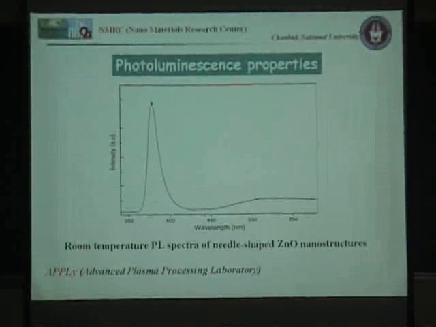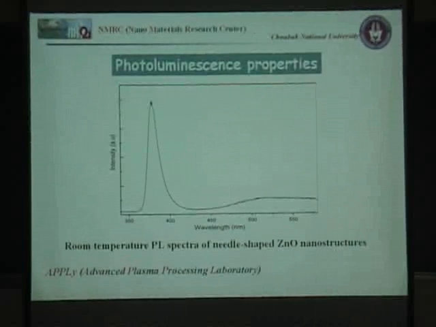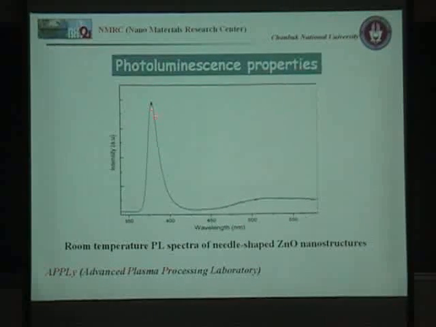From these spectra we can predict that the deep level emission is observed because of structural defects and impurities in the structure. So we can say that our structure has some structural defects because we got some deep level emission in the visible region.